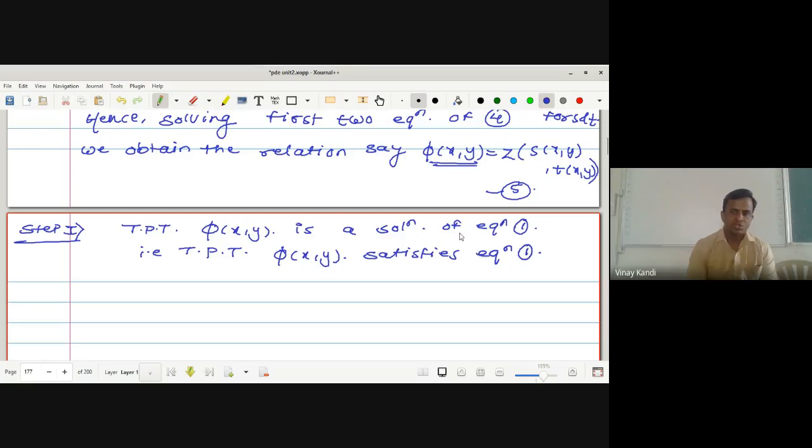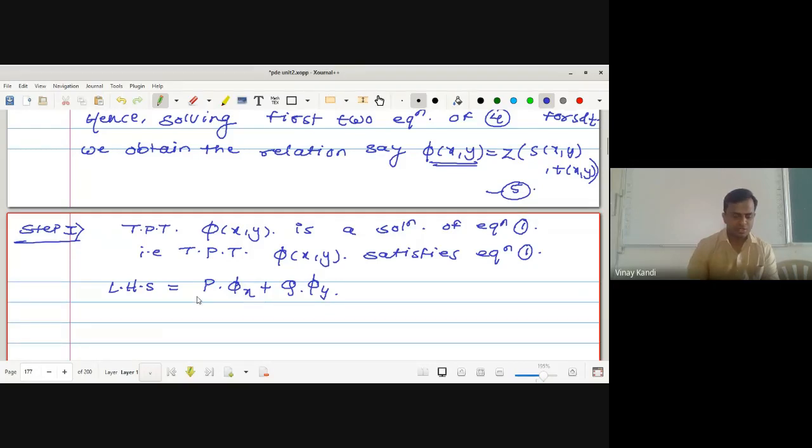Okay, for a solution of an equation, what should you do? You should satisfy it. Now what is the left hand side? p into phi x plus q into phi y. Okay, zx here means z, that is phi of x, y, small p, and this is small q.